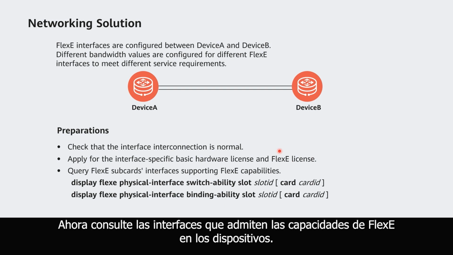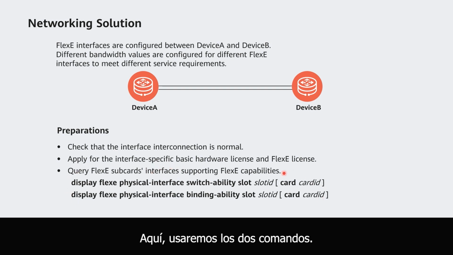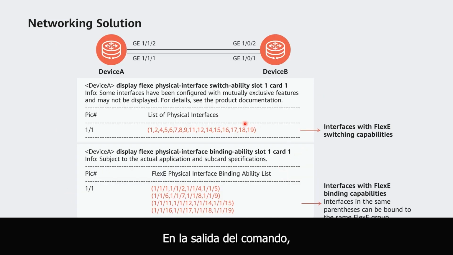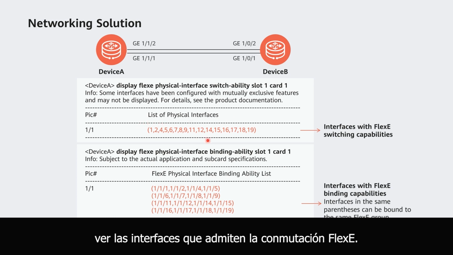Now query the interfaces that support FlexE capabilities on the devices. Here, we'll use 2 commands. In the command output, view the interfaces that support FlexE switching. If multiple physical interfaces need to be bound together, run the second command to check which interfaces can be bound to the same FlexE group.